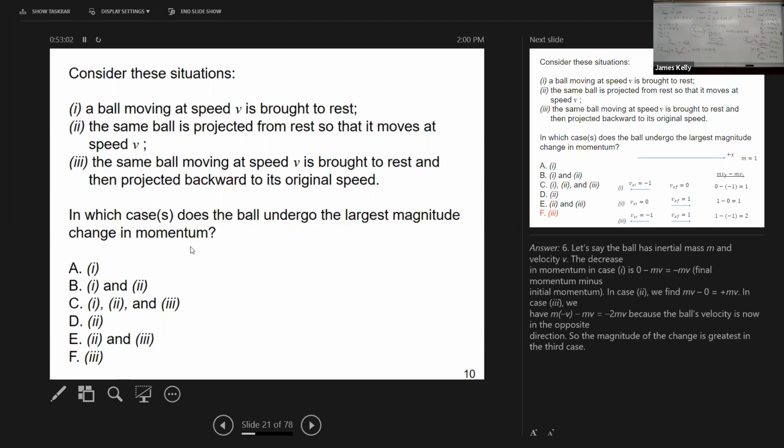And one way we can illustrate that is maybe with some easy numbers and keeping track of x components. So let's imagine that the ball has a mass of 2 kilograms. I'm going to try to make the situation easy to calculate with. So I've got a 2 kilogram mass.